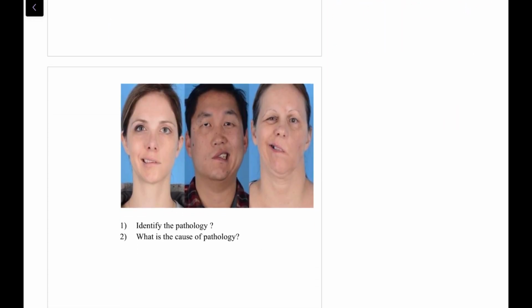So coming to the next picture, it has been asked to identify the pathology. So this is a Bell's palsy. Now to determine the side of the palsy, see in the first picture, although the forehead part is not clear here, the orbicularis oris is functioning properly.